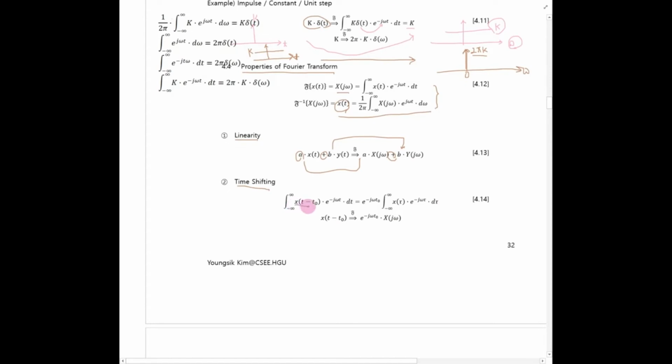If we take the Fourier transform of x(t minus t0), a shifted version of the signal, we can replace t minus t0 with tau, so dt equals d tau. Then if tau equals t minus t0, t equals tau plus t0.